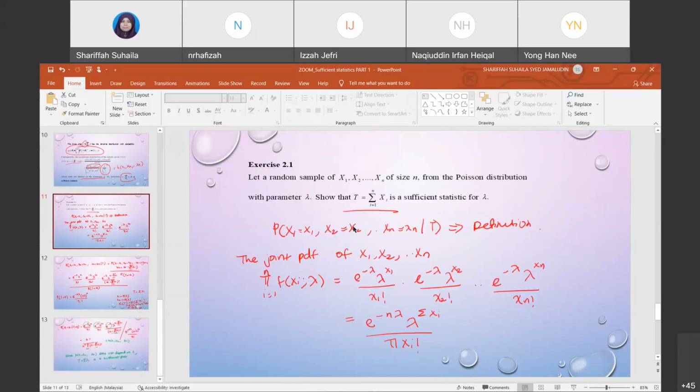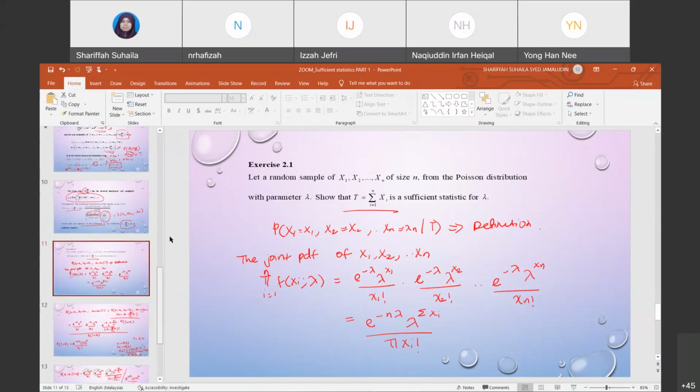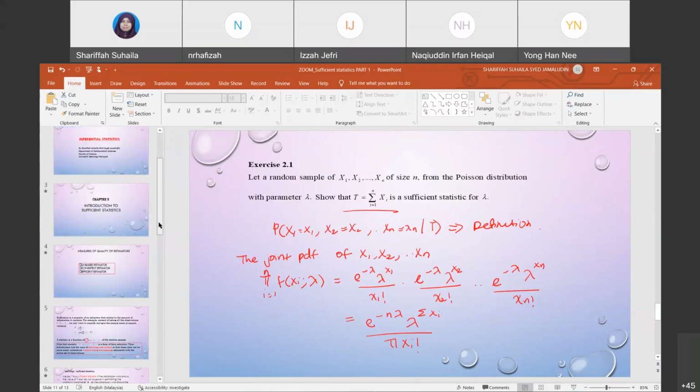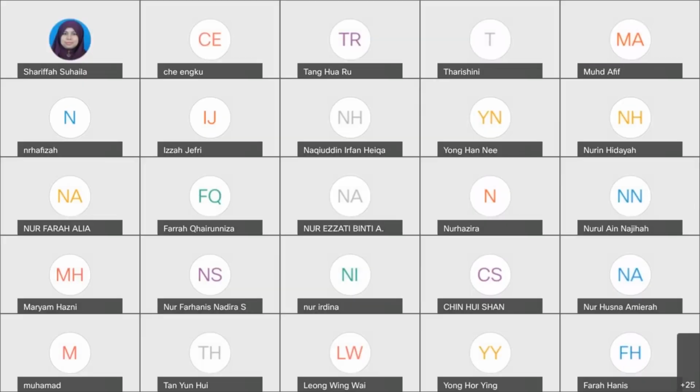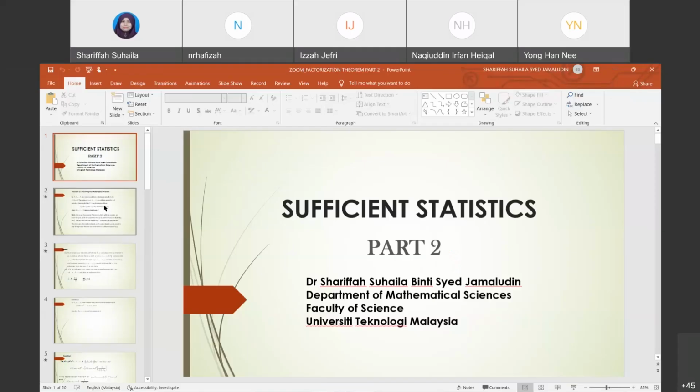Okay, so for simple way, we use another theorem where we call this one as factorization theorem. Okay, as I stop sharing this one, so we go to the other parts, which is much more easier to understand. So this one is a factorization theorem.